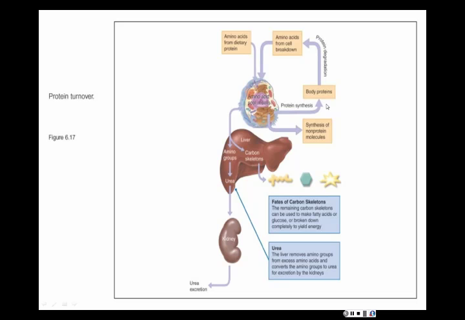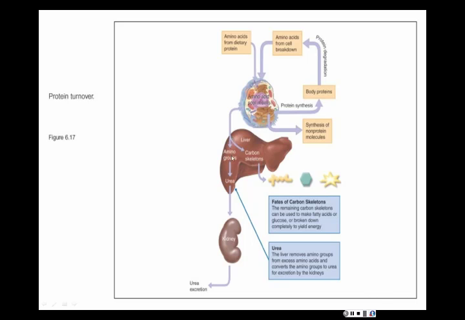And then we see that sometimes, as mentioned before, we could take the structure of amino acids to synthesize non-protein molecules. Okay? And in this process, we're having to remove that nitrogen group. So this shows us the removal of that NH2, the amino nitrogen-containing group, is sent to the liver because we have to deal with that amino nitrogen group.